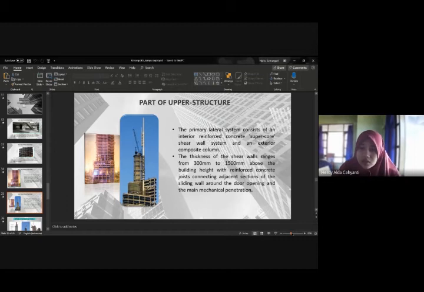The primary structural system consists of an interior reinforced concrete supercore or similar system and an interior composite column.